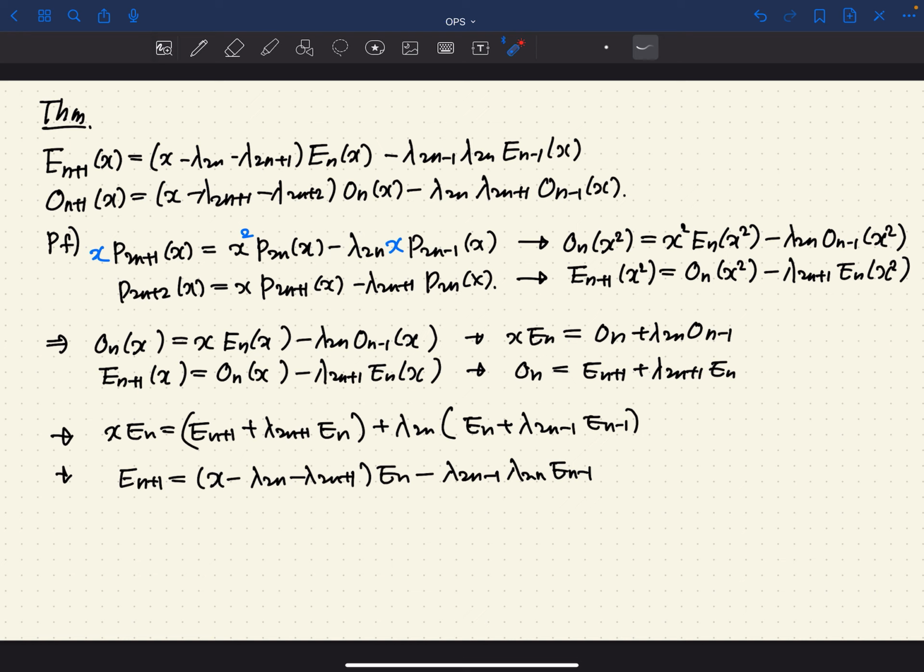We can do the same thing. We now write this in terms of O and then plug in over there. But because we have x, we first multiply by x everywhere and then use this formula.